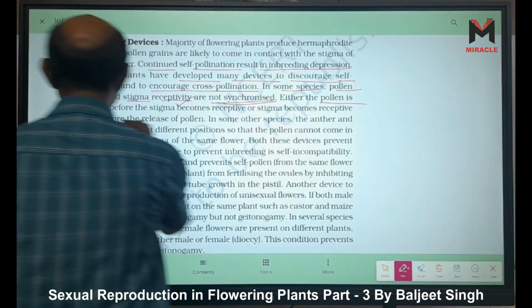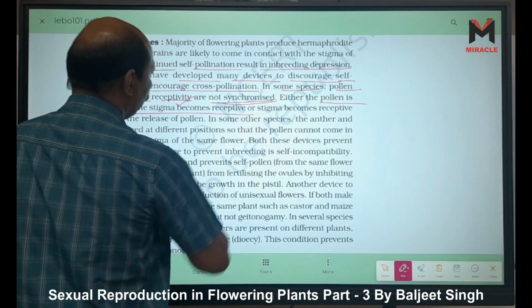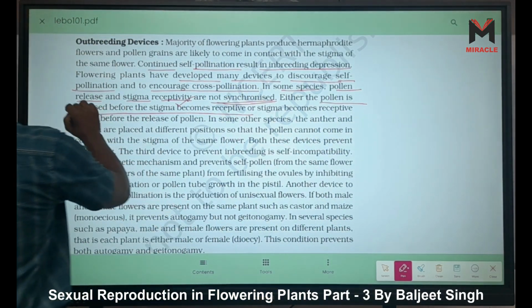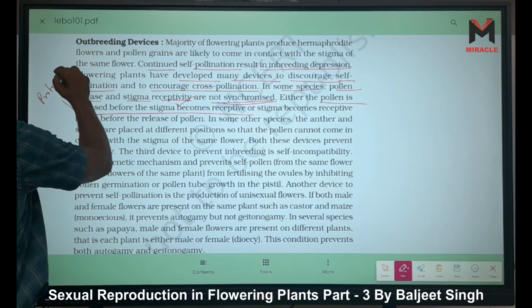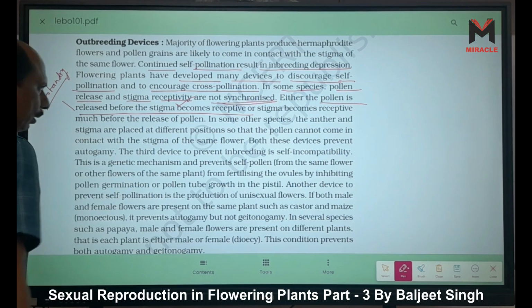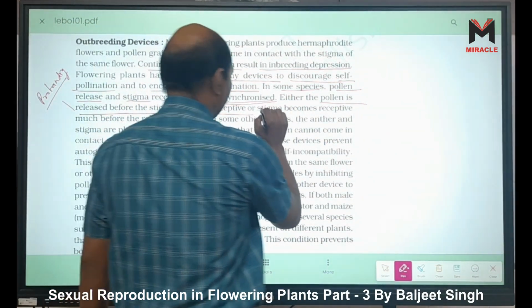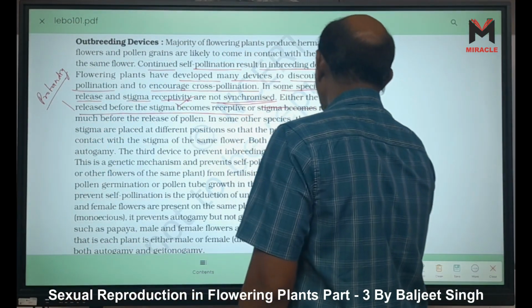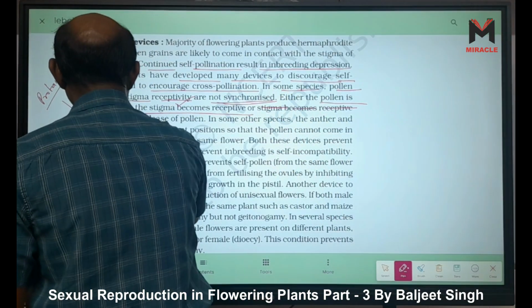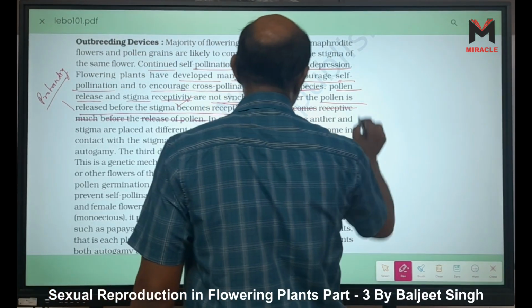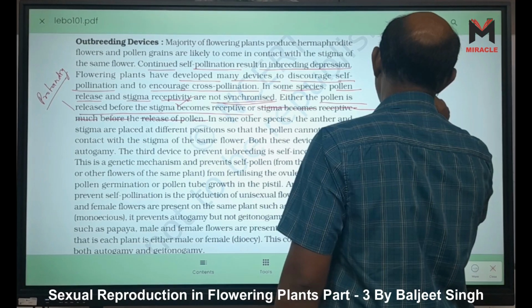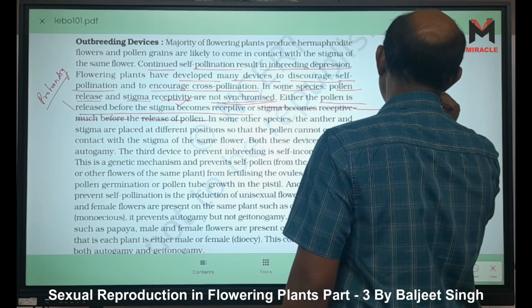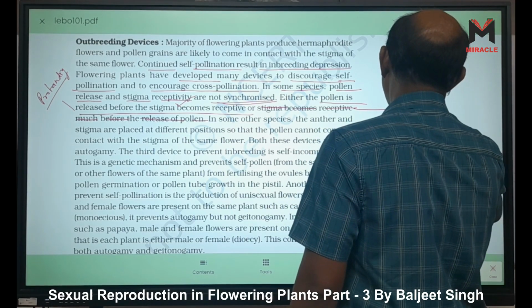The protandry and protogyny process is given here, right? Either the pollen is released before the stigma becomes receptive, that is called protandry, right? Or the stigma becomes receptive much before the release of pollen, and this one is called protogyny.